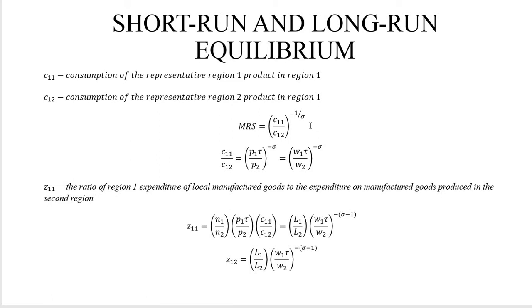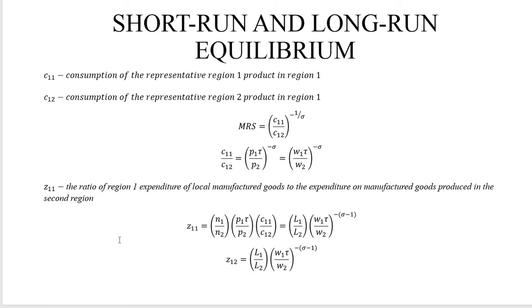So if you calculate this ratio of prices, we can put both sides to the power of sigma. So this is what you get. And as you remember, P1 over P2 is equal to W1 over W2. That's why we can replace this ratio and get this result.